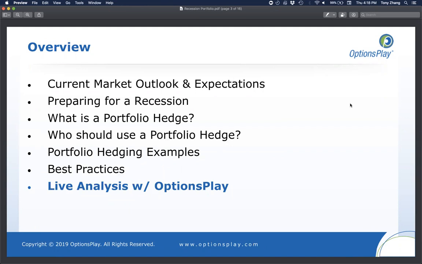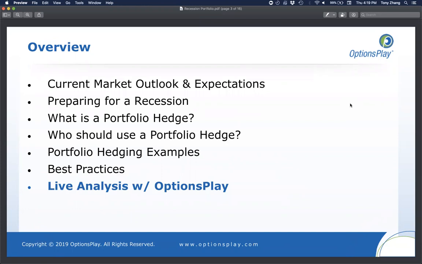We'll go through the different scenarios you might come across, the different expiration dates and strike prices you would typically select on a portfolio hedge, and general best practices for how to manage a hedge on a portfolio. Then we'll jump over to OptionsPlay and show you some examples with different expiration dates and different strike prices, so that you can really see how to utilize our tool to become self-sufficient in analyzing a hedge on your portfolio.